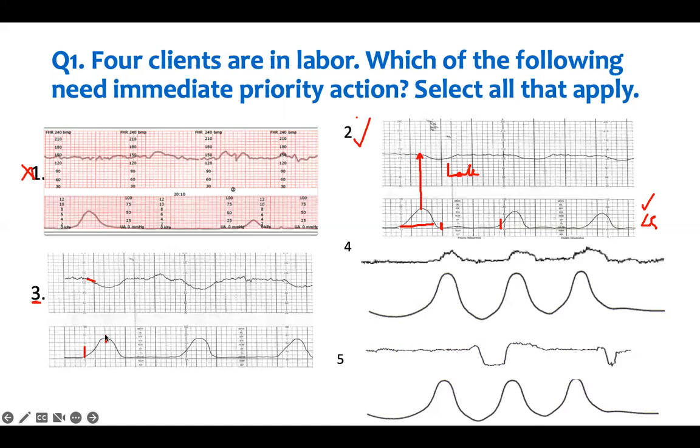And at the peak, the baby has dipped down. This is the baseline. This is the maximum, and it has dropped down right at the peak. You can see right at the peak. It begins to decrease right from the beginning. And this is the early deceleration.